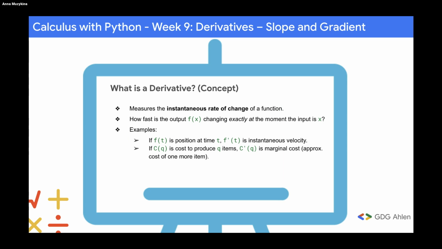If you have a cost function, C of Q, for producing Q items, its derivative, C prime of Q, represents the marginal cost, broadly, how much more it costs to produce just one additional item at that production level Q. The derivative gives us the precise rate of change at a point.